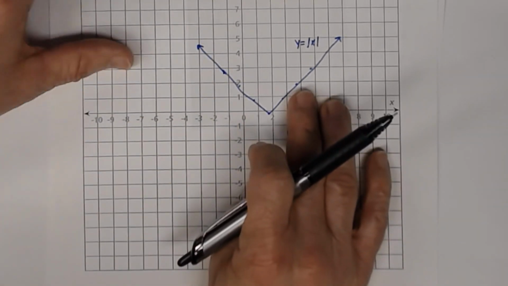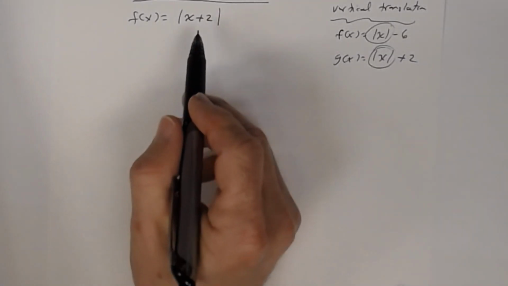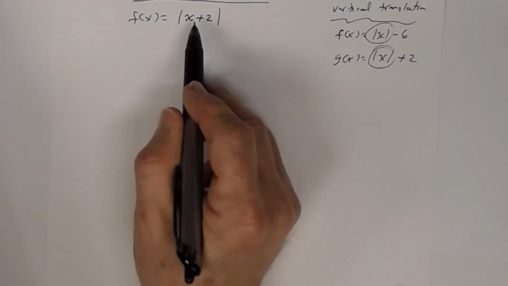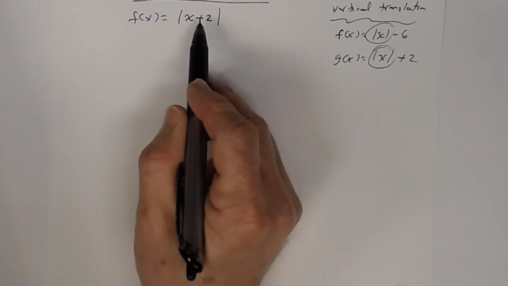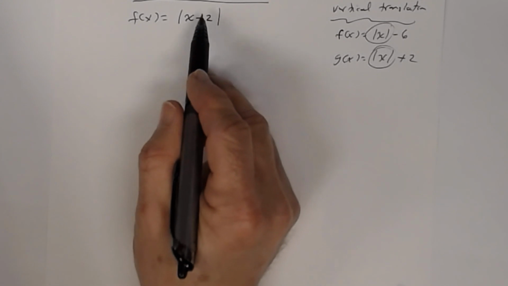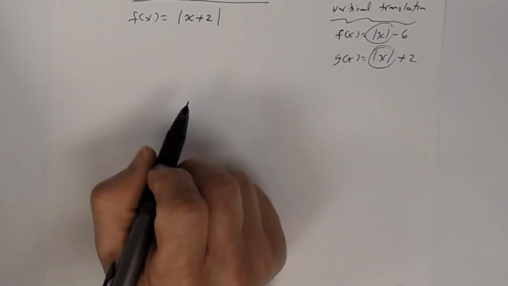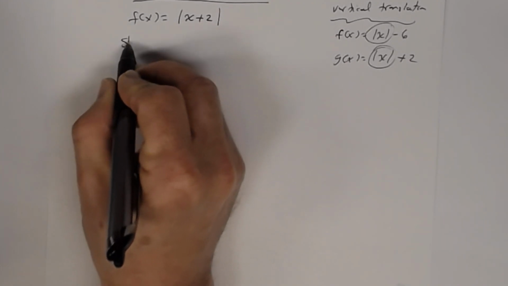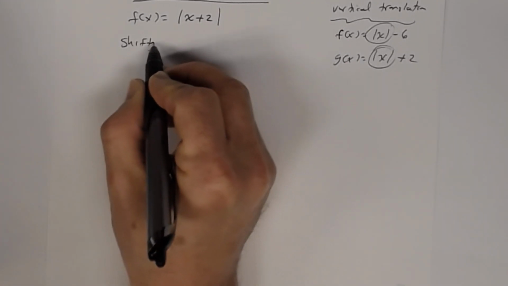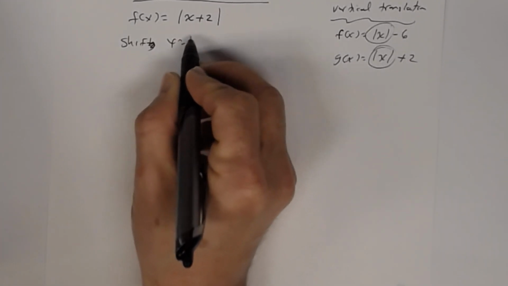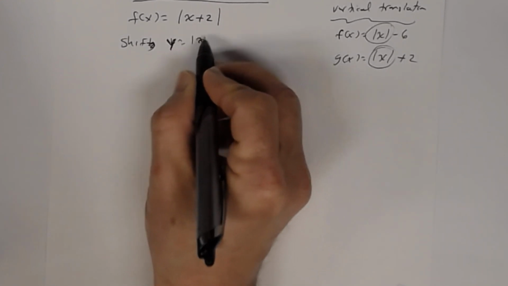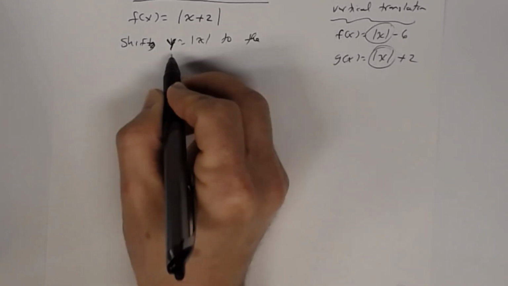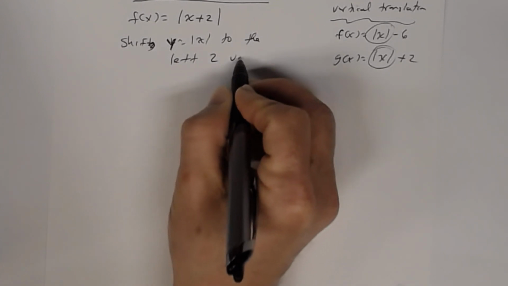It's counterintuitive. Think the opposite of what you see. So the opposite of what I see is going to be a negative 2. So this would be shift y equals absolute value of x to the left 2 units.